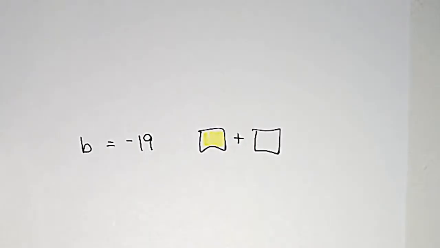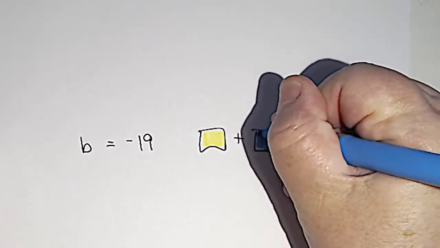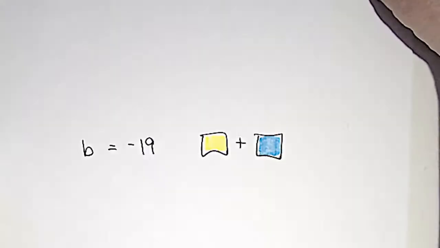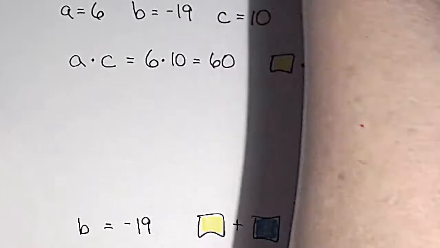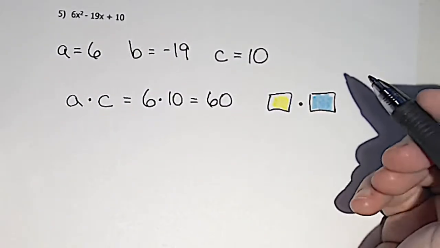Because they have to add to -19, but multiply to +60, I know that they must both be negative, right? So let's think of two numbers that are negative.